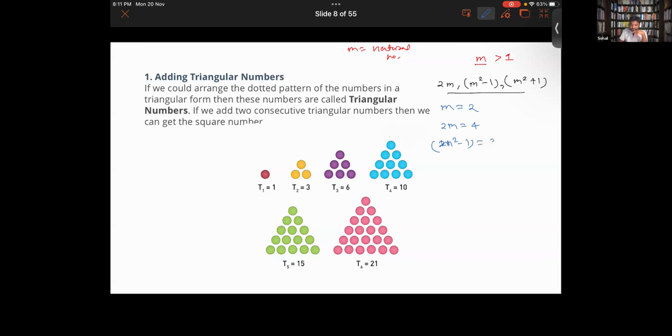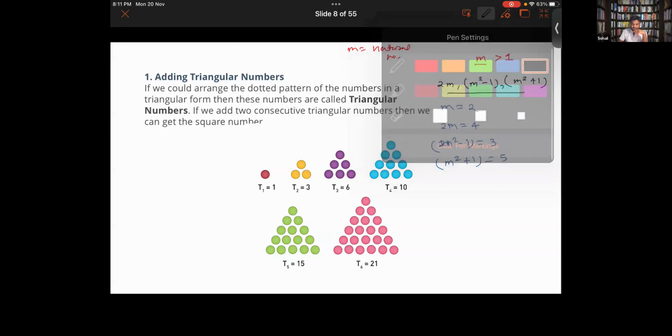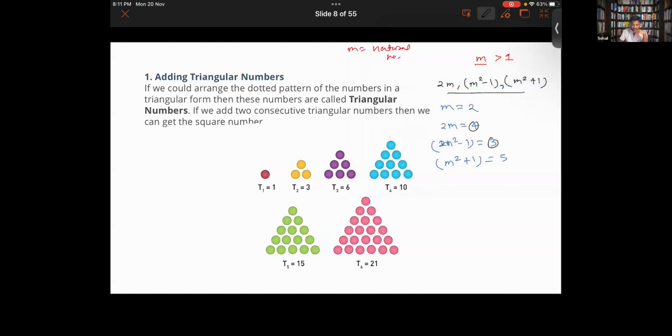Good. Then m square plus 1 would be 5. Exactly. So इससे हमें मिल गया ना 4, 3 and 5. These are the Pythagorean triplets. You could have other examples also. Put any value in the place of m apart from 1. 1 से greater होना चाहिए. So for 2, 3 also you can find out.